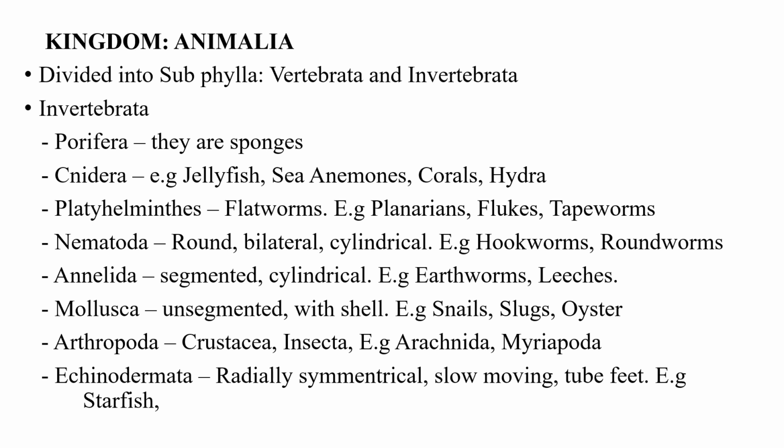We run through the ones under subphylum Invertebrata. So under Invertebrata, we have Porifera, which are generally the sponges, Cnidaria, which are examples like jellyfish, sea animals, corals, hydra, then Platyhelminthes, which are generally referred to as flatworms, and examples include planarias, flukes, tapeworms.